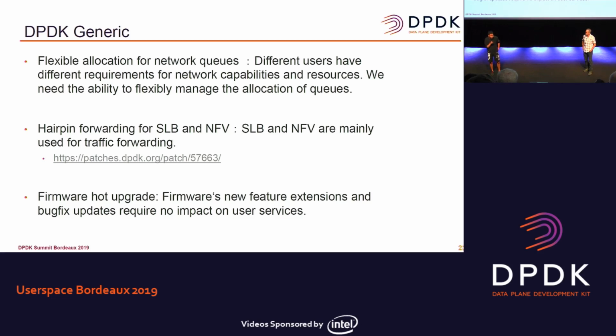This will cause some NIC firmware compatibility problem, because maybe the 18.11 DPDK version needs a new NIC firmware, but this will be a big trouble for us because our online system can't do the firmware hot upgrade. That means we need to shut down our current running virtual machine to do the upgrade. This will be a big trouble. So we just propose the firmware hot upgrade function for the cloud environment.